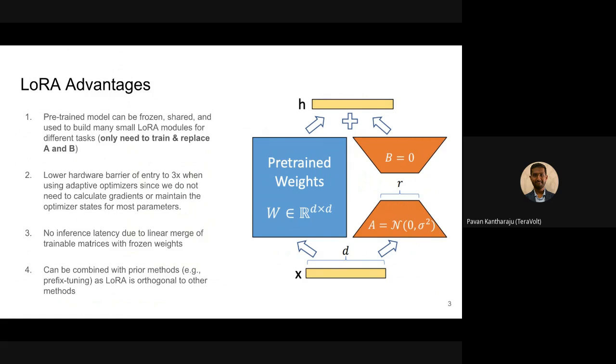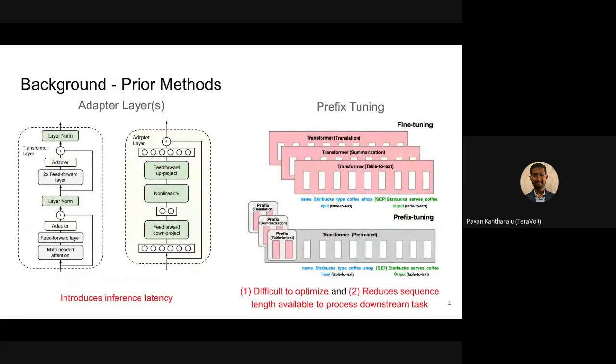Nope. Okay, then I will continue going on. So, as I mentioned in the introduction, there are a few ways to adapt large language models for downstream tasks, and the two ways that will actually be used as baselines in the experiments are adapters and prefix tuning. And again, these have their own problems at the very bottom here.